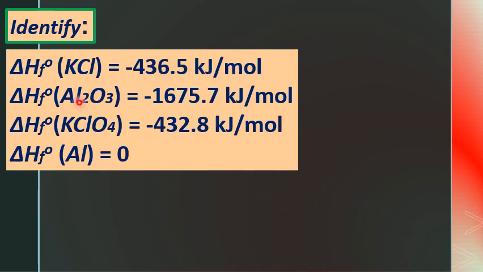For aluminum oxide, the value of the standard delta Hf is negative 1675.7 kilojoules per mole. And for potassium chlorate, it is equal to negative 432.8 kilojoules per mole. And for the element aluminum, the standard delta Hf is just equal to 0.